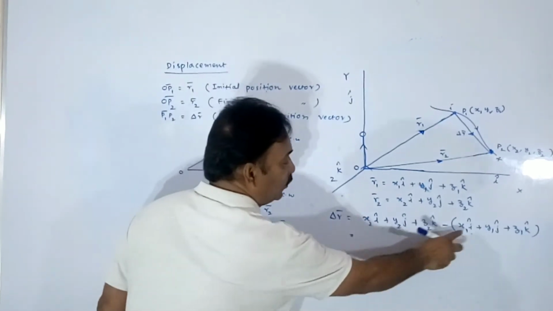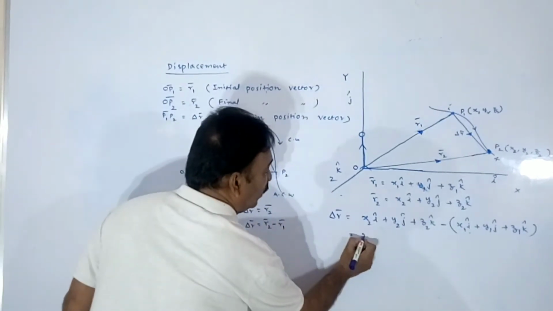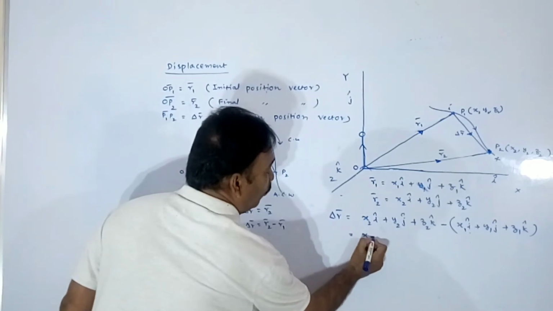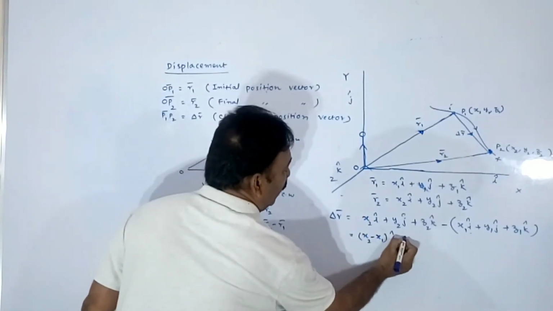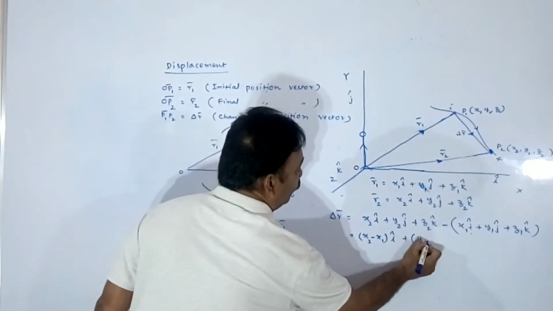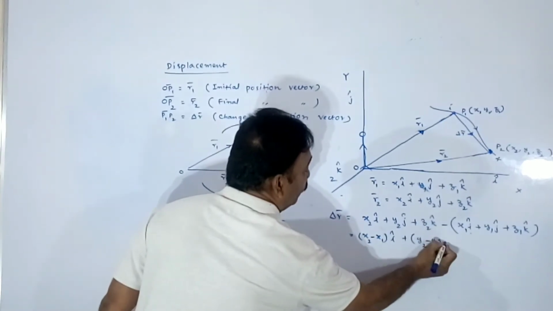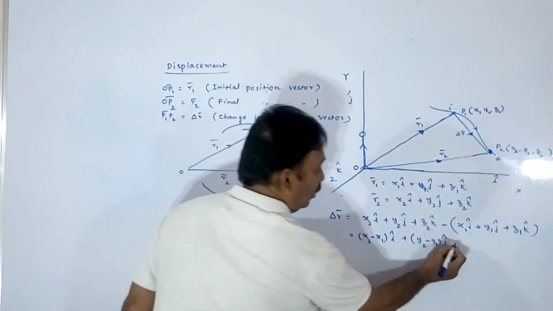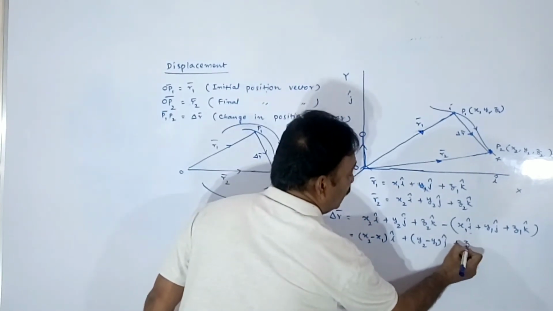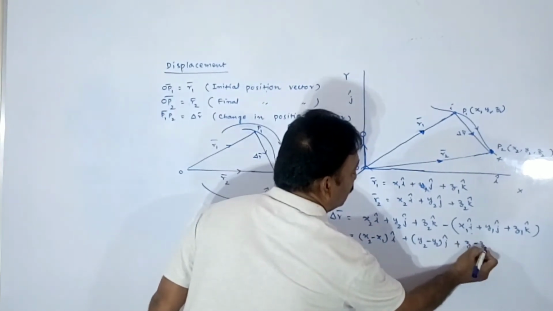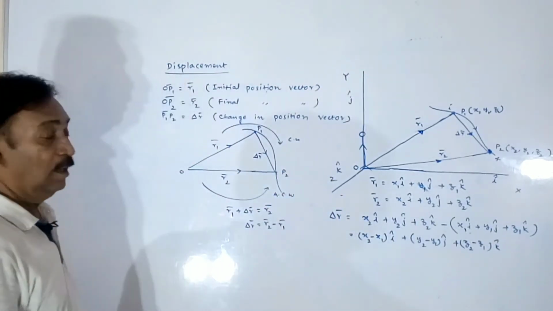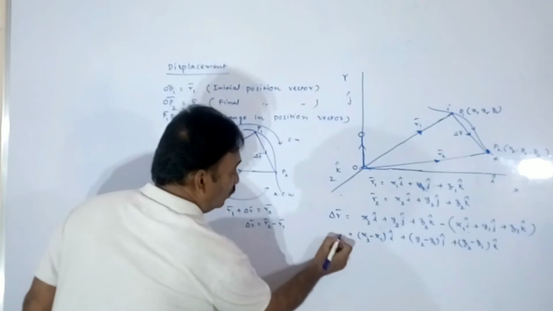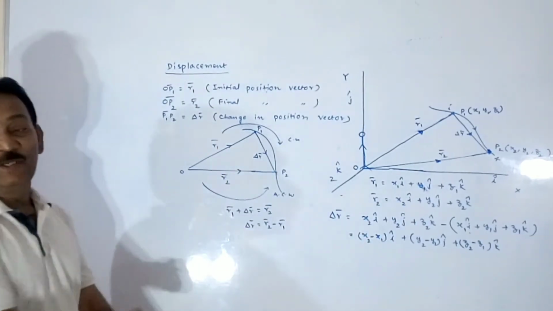Here we are writing the terms which are having i: x2 minus x1 into i cap plus y2 minus y1 into j cap plus z2 minus z1 into k cap. Okay, this vector we call the displacement.